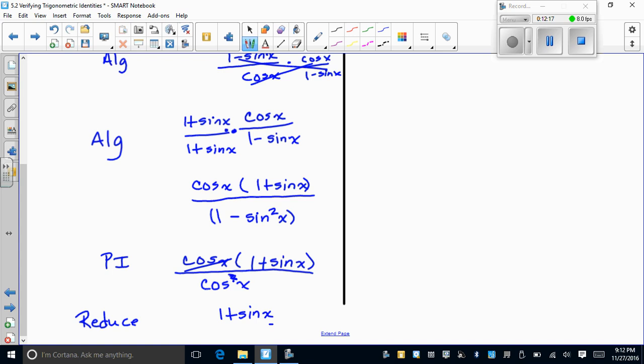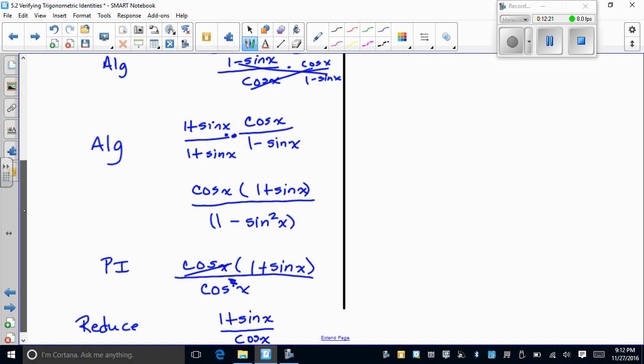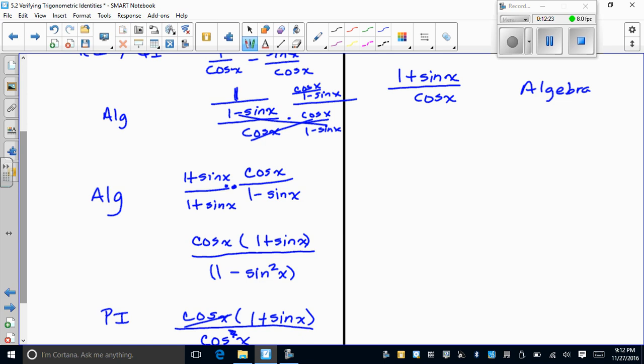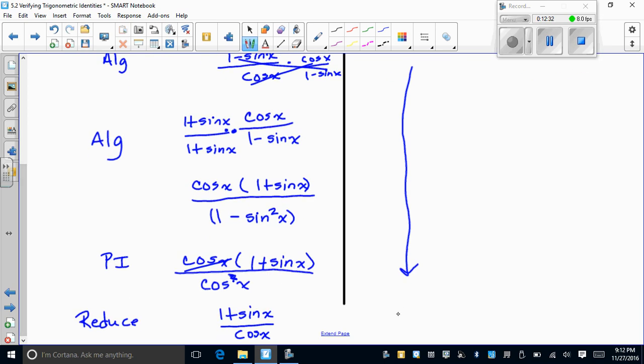And this is where I get to remind you, up here, look what we have: 1 plus sine of x over cosine of x. So this is what they mean by, sometimes it helps to work both sides, because the goal is to get both sides looking the same. We're done with that one.